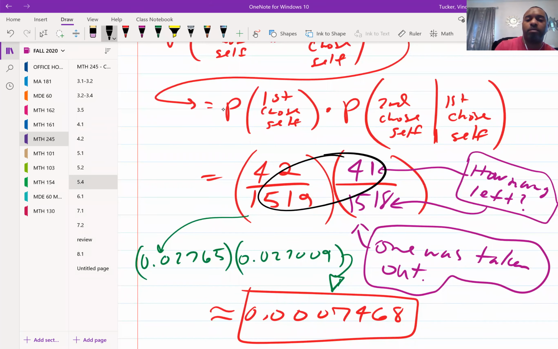You really could multiply them in fractional form in your calculator and still get this answer right here. All right, any questions?